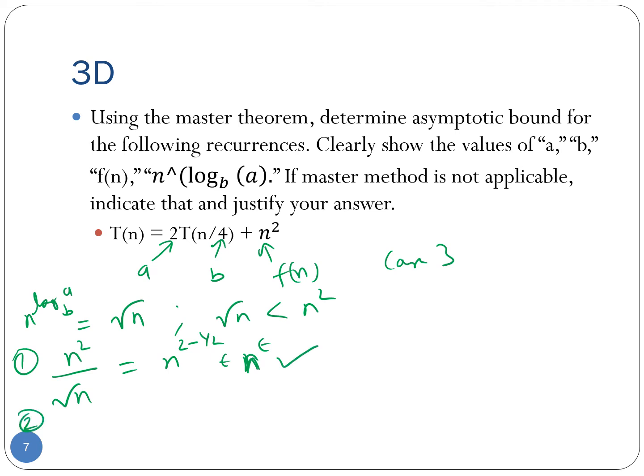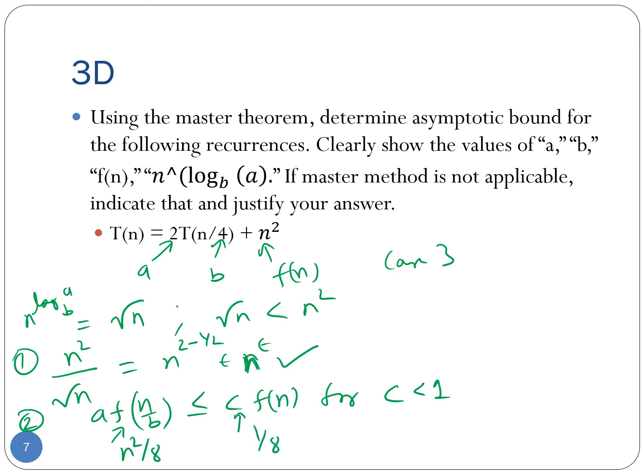The second condition is that of regularity. So we once again need to check that a times f of n by b should be less than or equal to c times f of n for some constant c less than 1. Okay, so in this case, a times f of n by b is basically simply n square divided by 8, and clearly this is going to be smaller than or equal to c times f of n for c equal to 1 by 8.